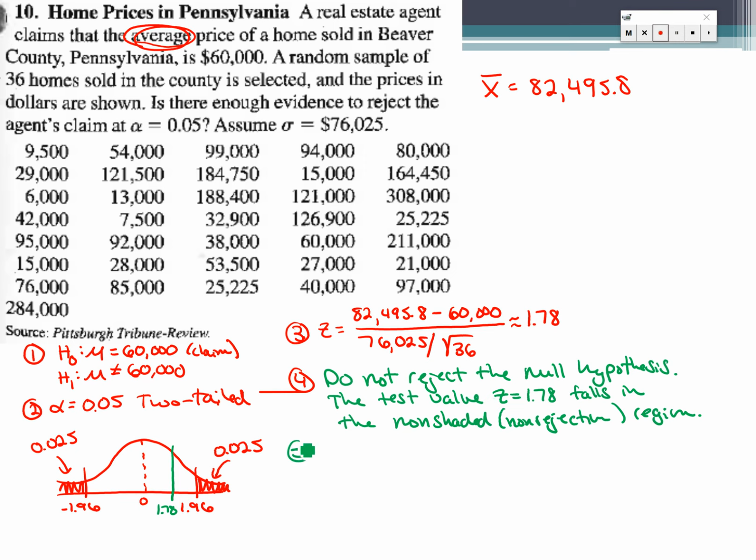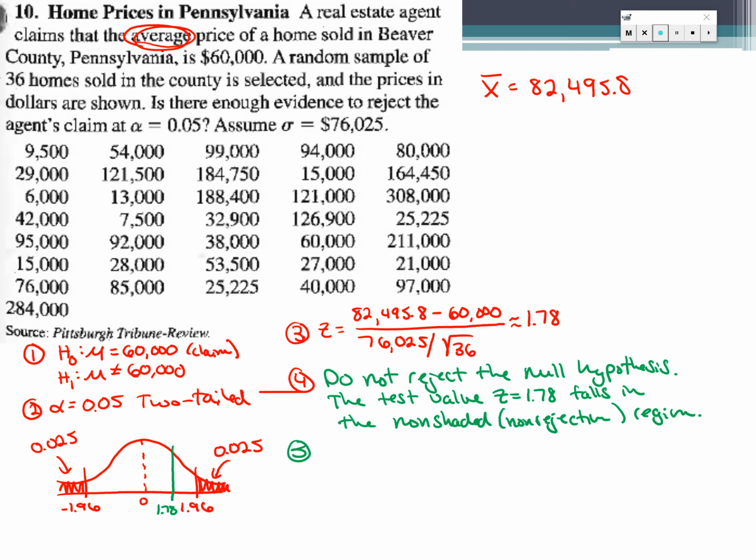So now our step 5. I look at where my claim is. My claim is in the null. When my claim is in the null, it's not about supporting or not supporting. It's about rejecting or not rejecting.